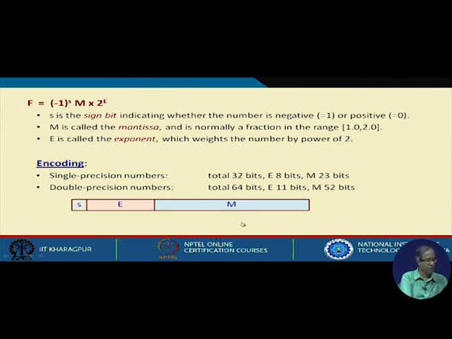The general format looks like this. The number starts with the sign bit, followed by some number of bits for the exponent, and finally some bits for the mantissa. For single precision numbers, the total size is 32 bits, for e you have 8 bits, and for m you have 23 bits. But for double precision numbers, you have 64 bits in total, where e is 11 bits and m is 52 bits.